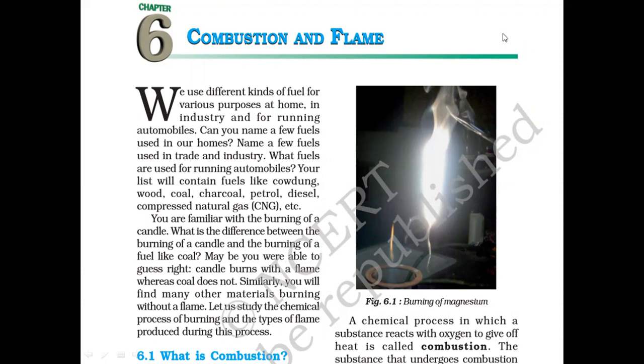In the previous class, we learned what combustion is: a chemical process in which a substance reacts with oxygen to give off heat. Also, we saw that the substance which undergoes combustion is said to be combustible, and the substances which do not undergo combustion are called non-combustible.